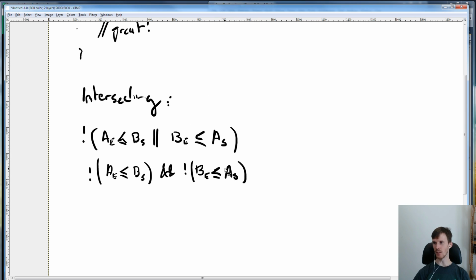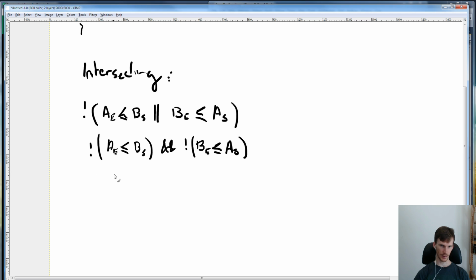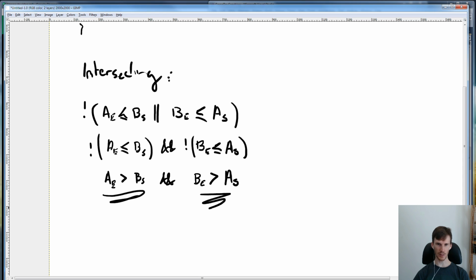And so what we can do here is decompose that down further. That becomes A end is greater than B start, and B end is greater than A start. Cool. So if we know that this is true and we know that this is true, then we have our intersection.